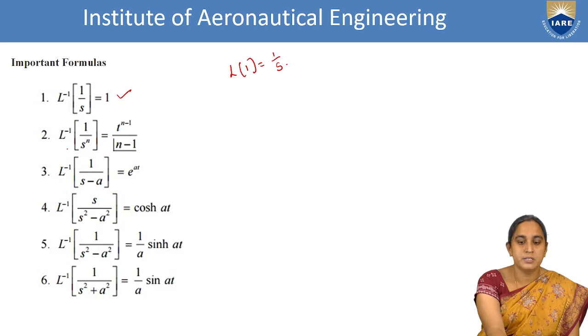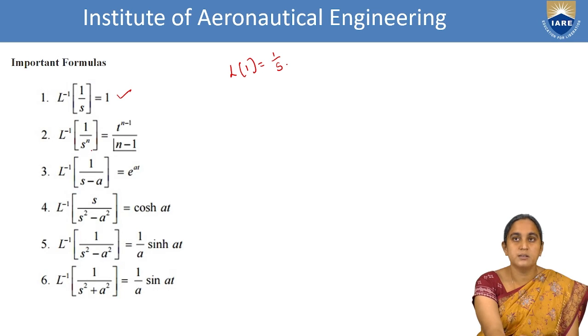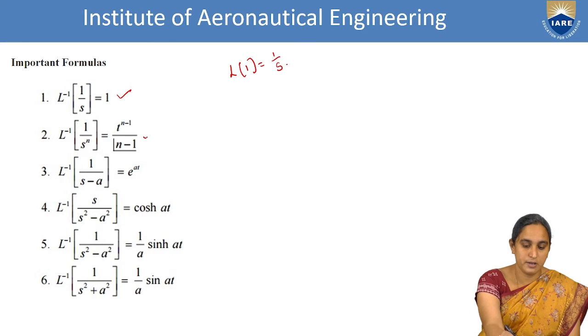The second formula: Laplace inverse of 1 by s power n. What is the formula for that? That is t power n minus 1 by n minus 1 factorial.